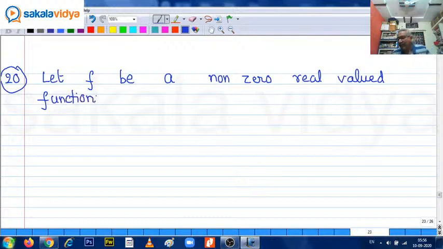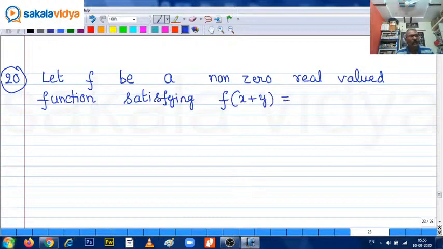Non-zero real valued function means that is like a power series, always positive only. The function satisfying f of x plus y equals f of x times f of y.